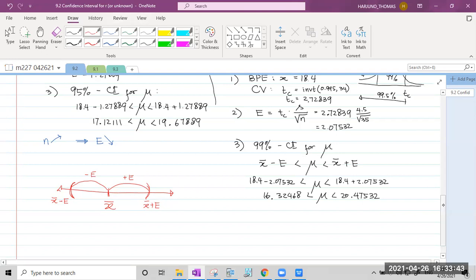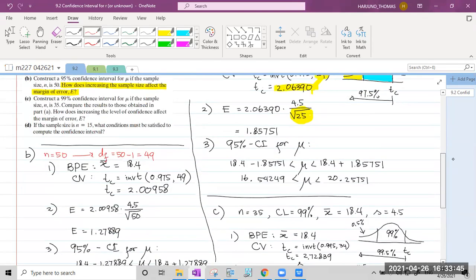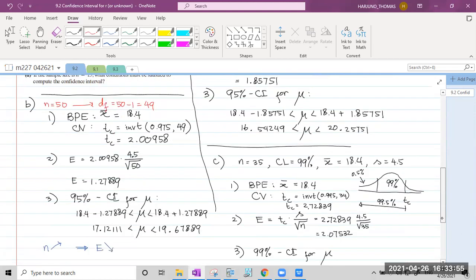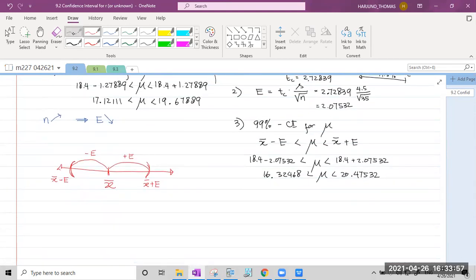Let's see part D. What happens if the sample size is 15? What condition must be satisfied to compute the confidence interval? Now, they don't ask us to compute the confidence interval, even though we can. But how about when n equals 15? What condition must be satisfied?